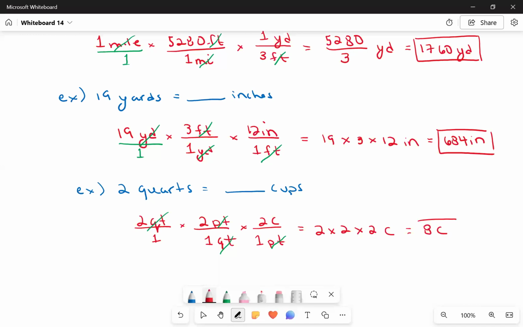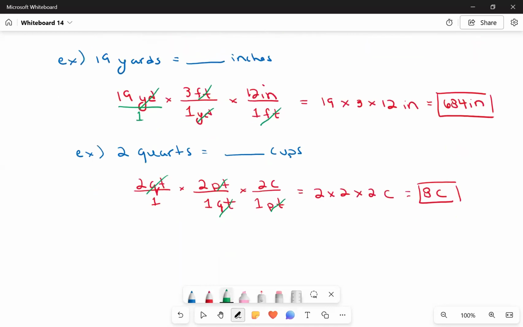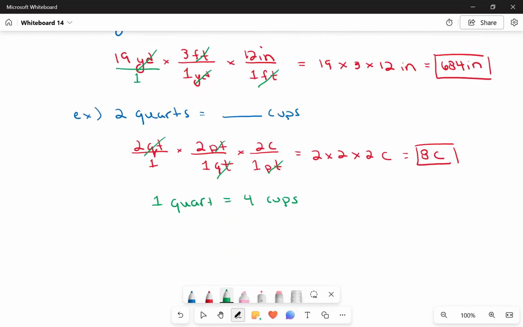which is 8 cups. Now, some of you might know, if you're comfortable with baking or cooking, that 1 quart equals 4 cups. You could ask, couldn't I use that conversion? The answer is yes, but you would first need to state it, because it's not on the conversion sheet.